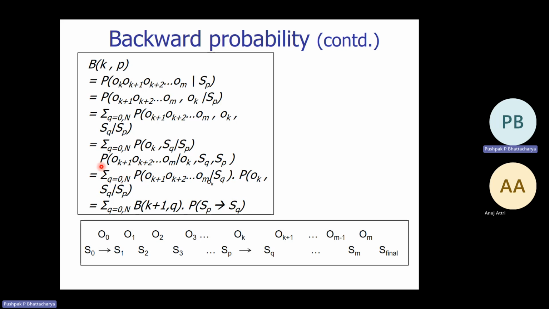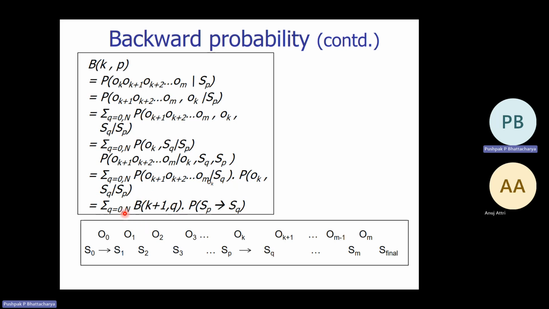Okay, so the probability of the shorter suffix is probability of Ok plus 1 up to Om. Ok, the head is omitted. And conditioning part is Ok, Sq, Sp. And we note that by Markov assumption, this probability depends only on Sp, the state Sp. So again, the backward probability is coming out to be Bk plus 1,q into probability of Sp going to Sq emitting Ok. Okay, like before, like forward probability.